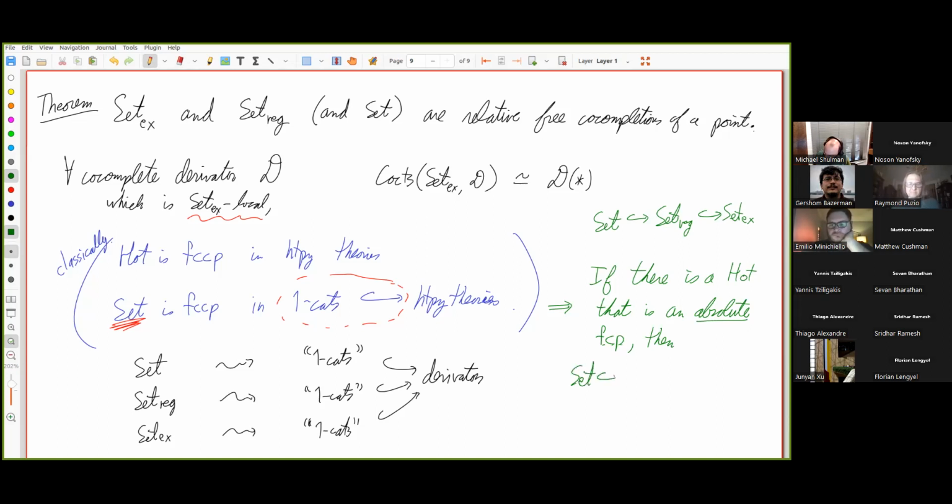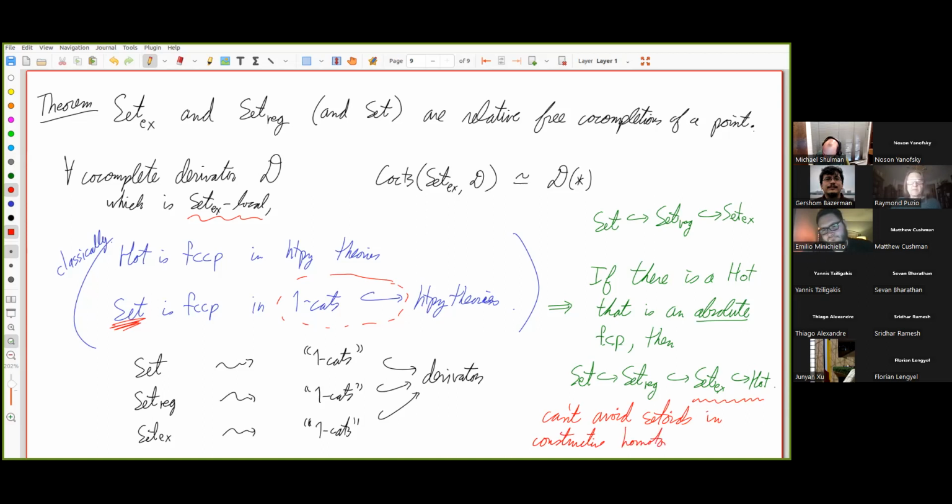So not just Set, but also Set_reg and also Set_X must live inside this world of homotopy theory. So in that sense, at least for this notion of homotopy theory and co-completeness and this universal property, this basically says that from this perspective, we can't avoid setoids in constructive homotopy theory.